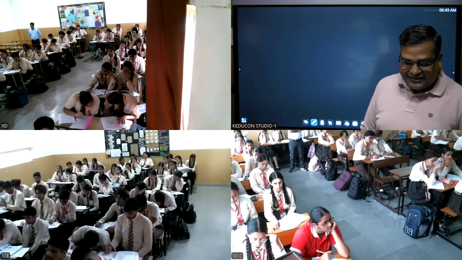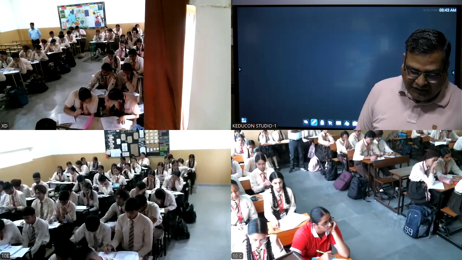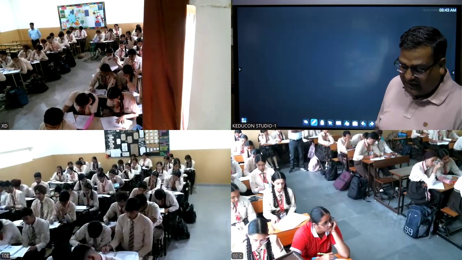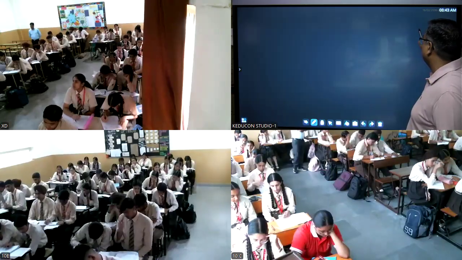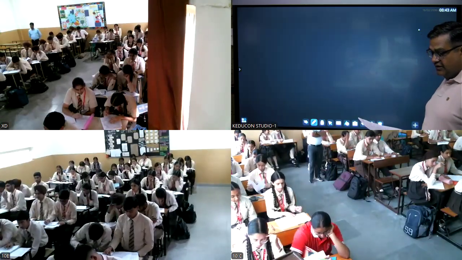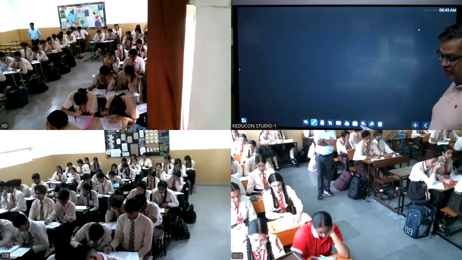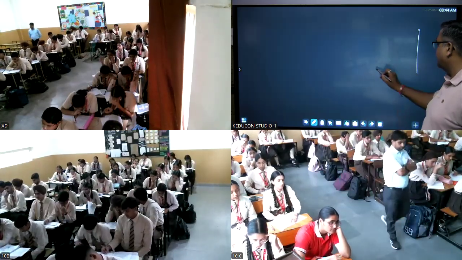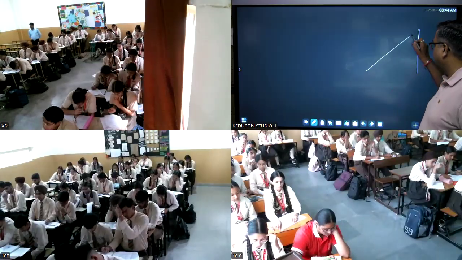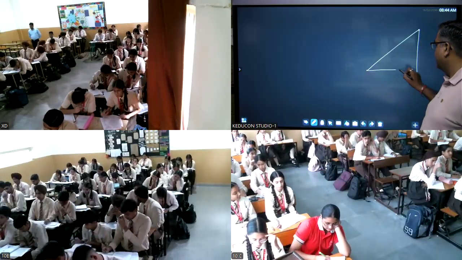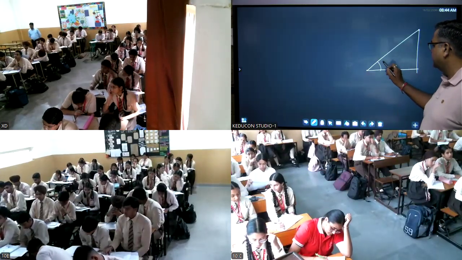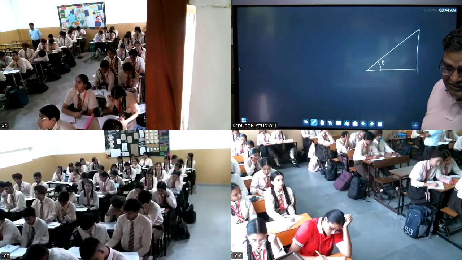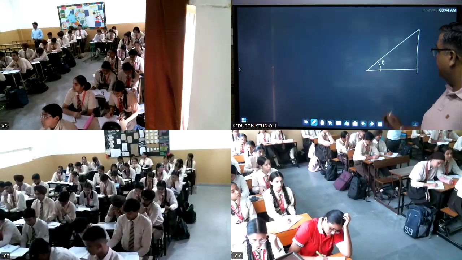Question number 5 is assertion reason. The angle of elevation of the top of the tower from a point on the ground. Angle of elevation find out करना है. Means this is, let's say, tower. This is a point on the ground. We have to find this angle, this theta we have to find. Which is 30 meter away from the foot of the tower.